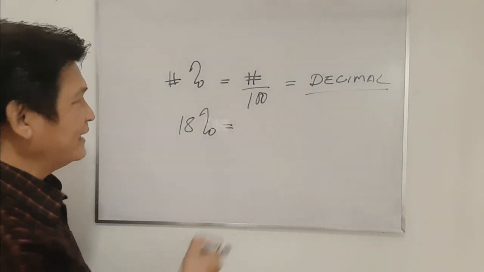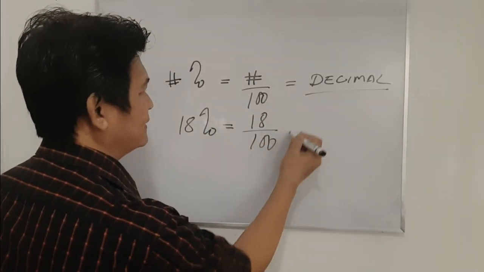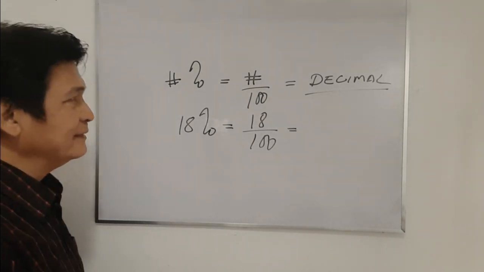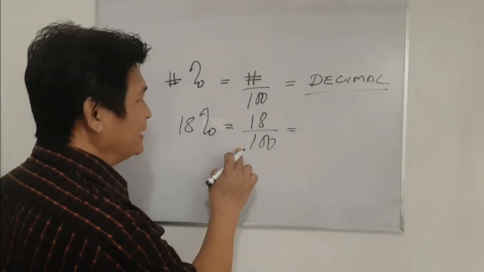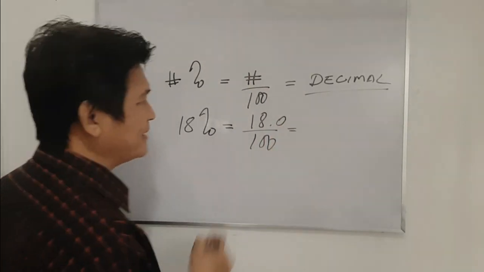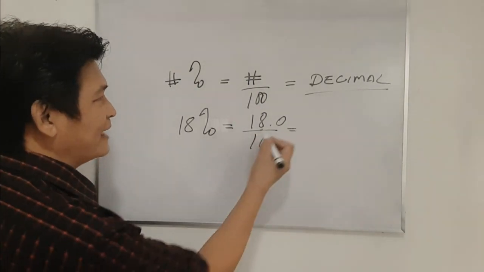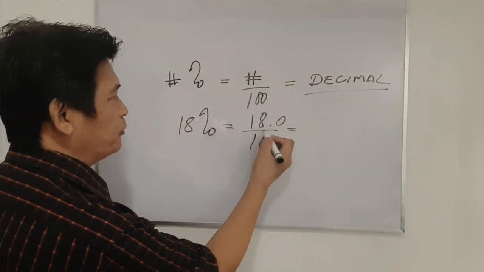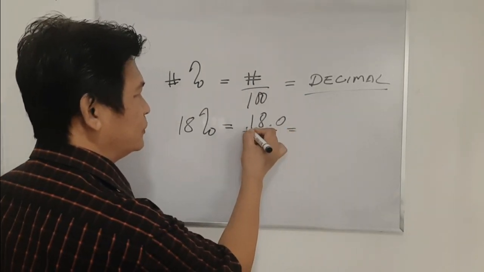can also be written as 18 over 100, and you can express 18 over 100 into a decimal by adding a decimal point after 18, and then transpose your decimal 2 places to the left, 1, 2.